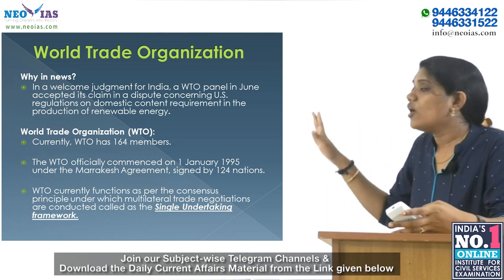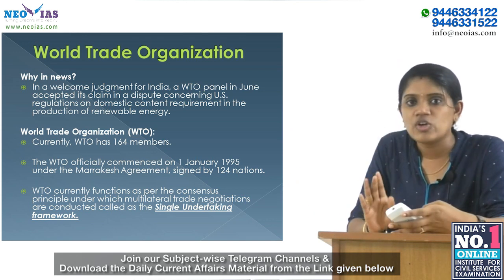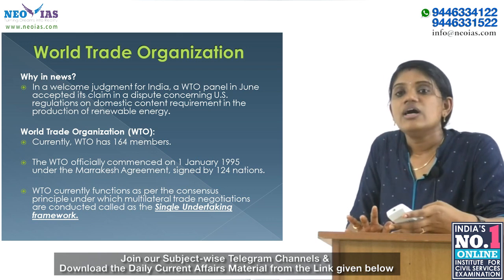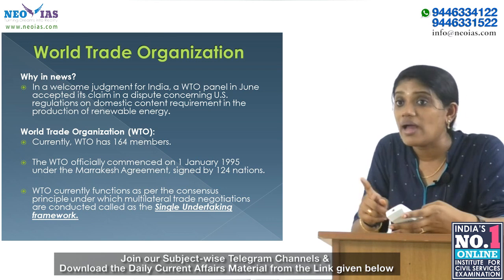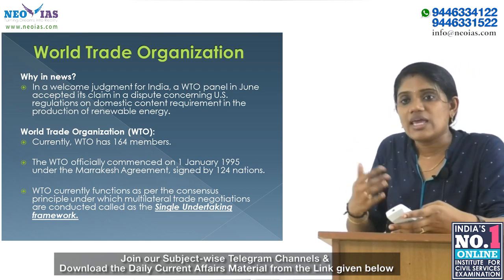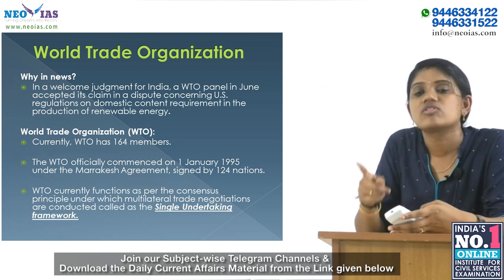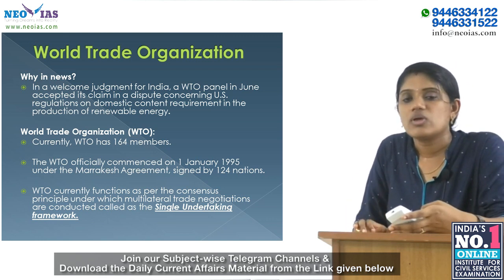Okay, so currently our WTO has 164 members, and this WTO commenced on 1st January 1995 under the Marrakesh Agreement, which was signed by 124 nations. Okay. So, it came into existence replacing the General Agreement on Tariffs and Trade, which commenced in 1948. You know that. Okay.